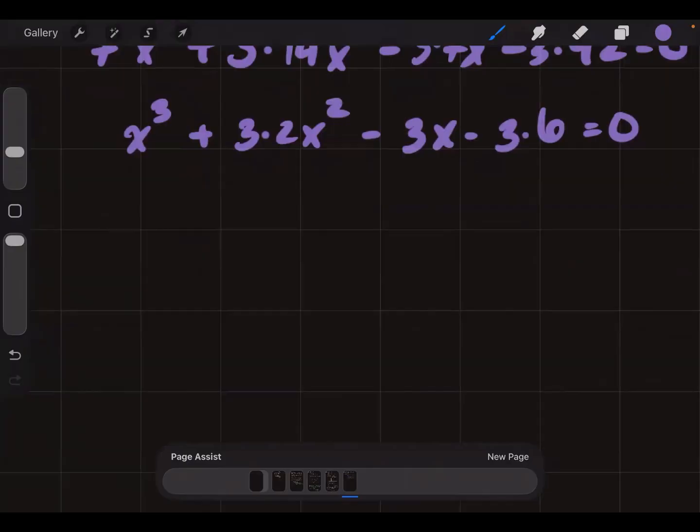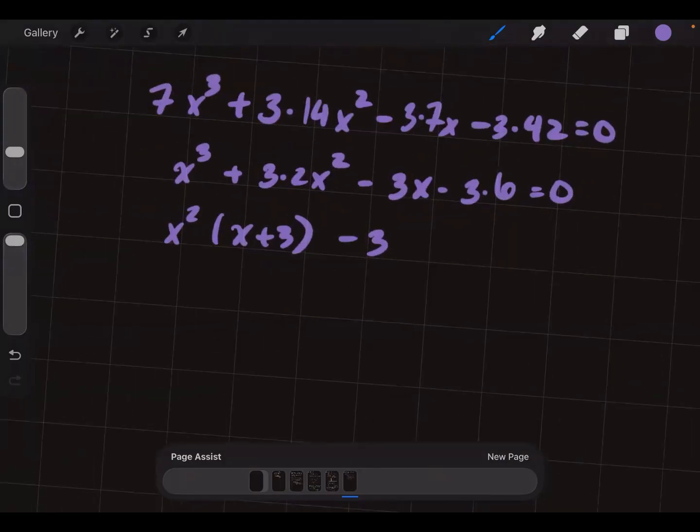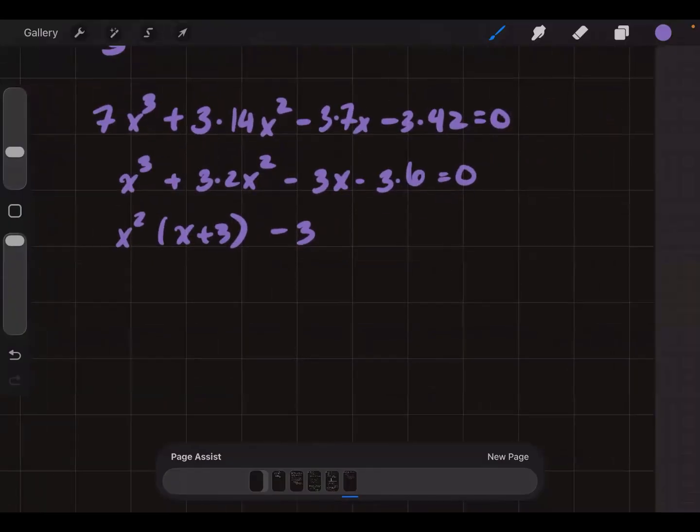And then I'm going to factor by grouping. I'm going to group this. I'll call this x squared, x plus 6, minus 3, x plus 6 equals 0.